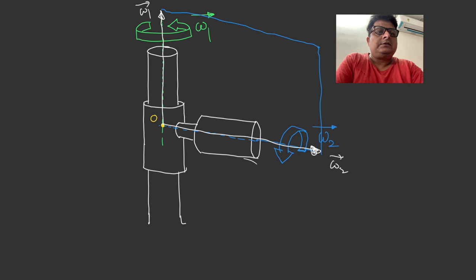Let us draw this parallelogram. By the parallelogram law, this omega is the final or resultant angular velocity.